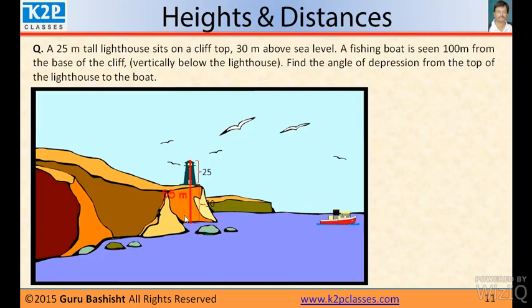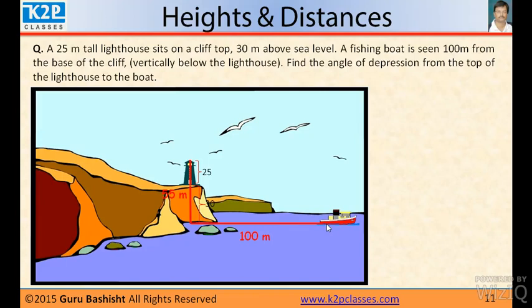So the total height from sea level up to the top of the lighthouse is 55 meters. And the distance from this place to the boat is 100 meters. It is given here, 100 meters from the base of the cliff.